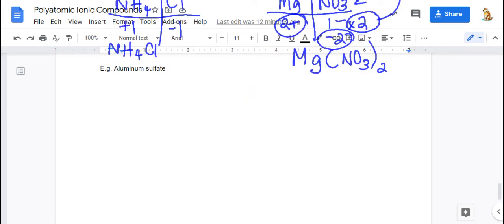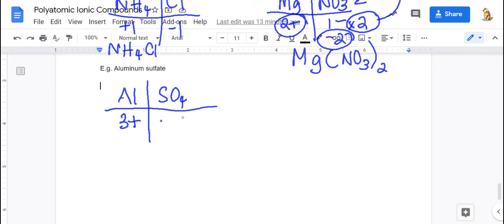Now let's do aluminum sulfate. Okay, aluminum and sulfate. So aluminum has a charge of +3. Sulfate has a charge of -2.